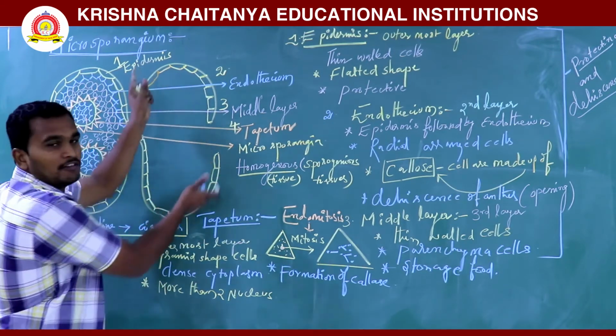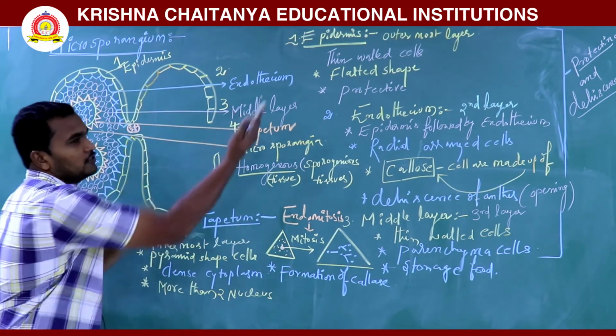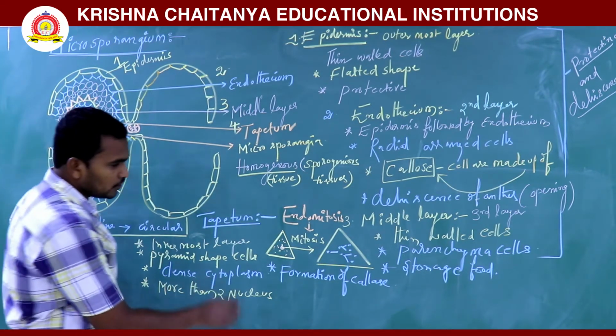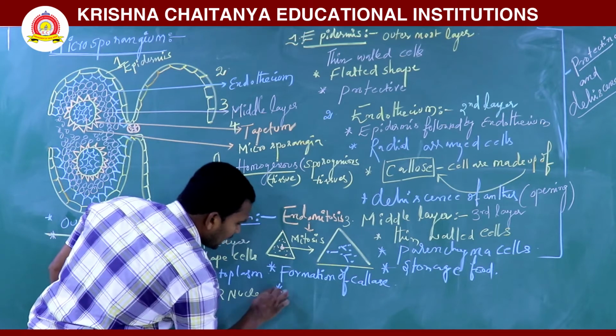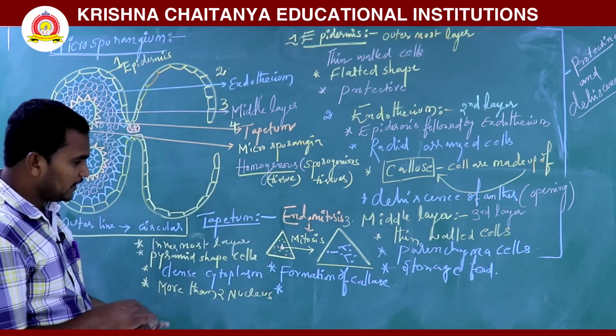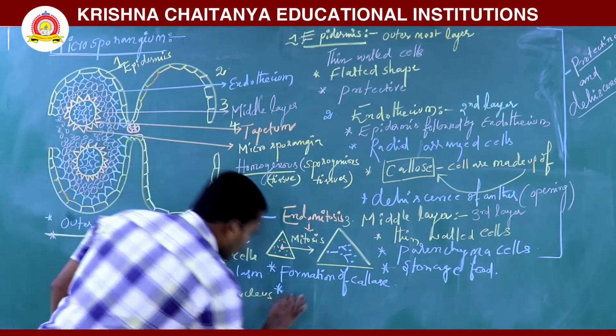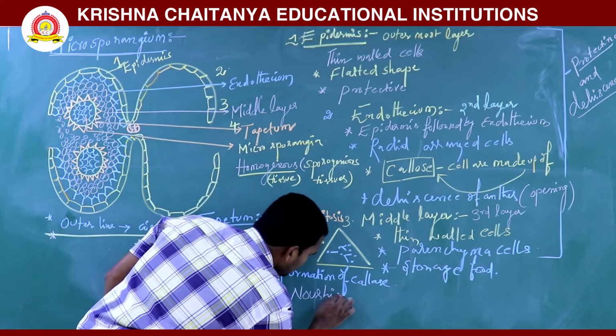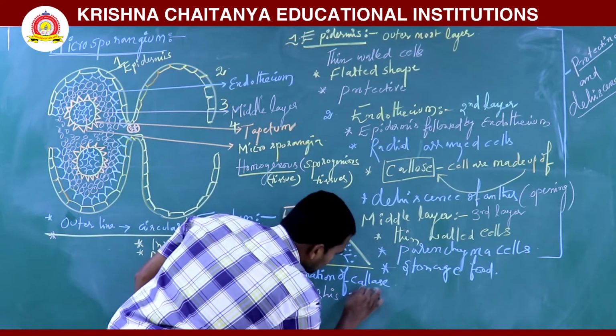Then the anther will open, and pollen grains will be released outside. So that is how the callase enzyme helps. The tapetum also nourishes the pollen grains.